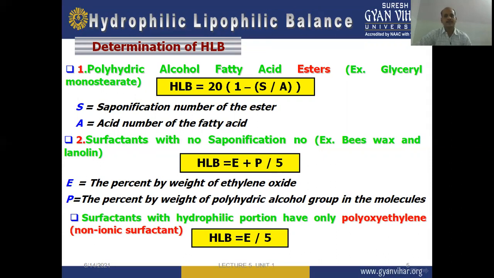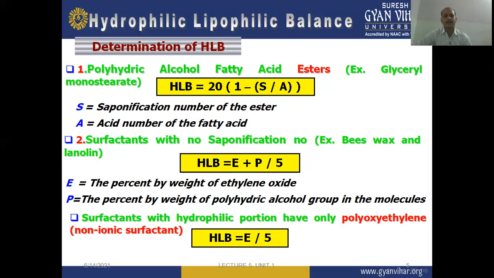So when we put in the value of the saponification number of the ester and the acid number of the fatty acid, we can determine the HLB value for polyhydric alcohol fatty acid esters by the formula HLB equals 21 minus S by A.